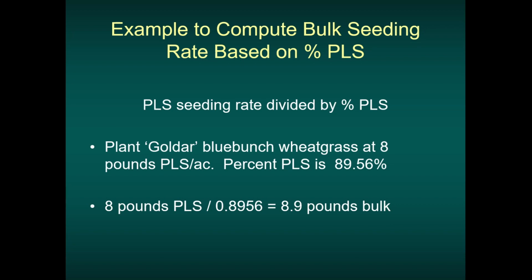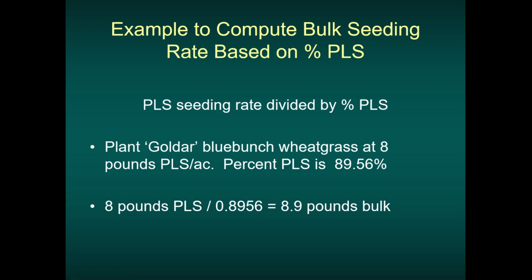Now, to compute the bulk seeding rate based on PLS, it's pretty easy math. So we're going to do the PLS seeding rate, which is the recommended rate that you'll find in Tech Note 24, and divide that by the percent PLS. So for example, we've got Goldar bluebunch wheatgrass. The recommended rate is 8 pounds PLS per acre.